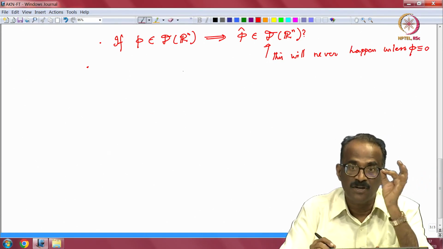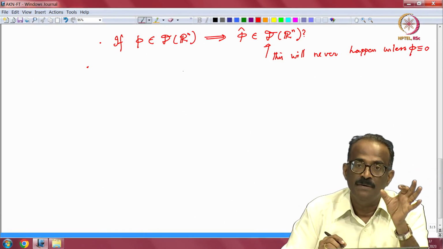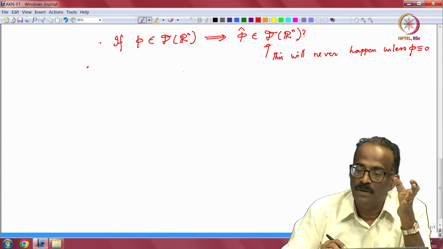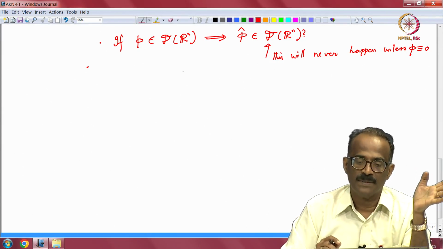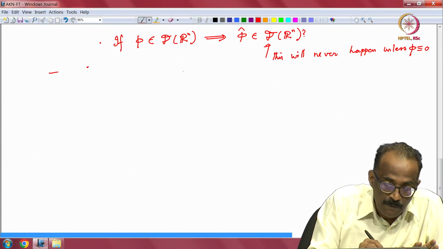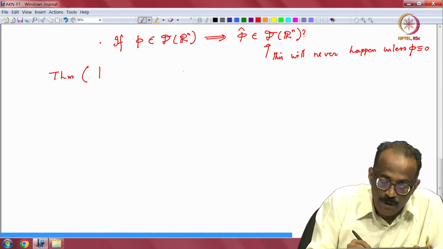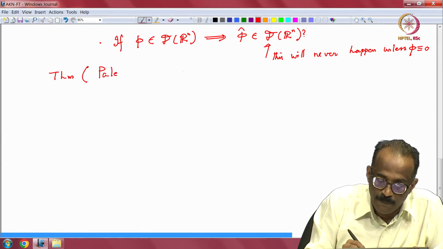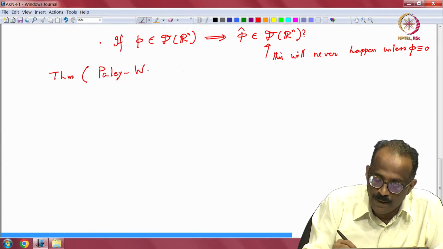When you have a non-trivial function which has compact support, φ hat will not have compact support. This is due to the famous Paley-Wiener theorem, which I will just state here. Of course, I will not prove it here.